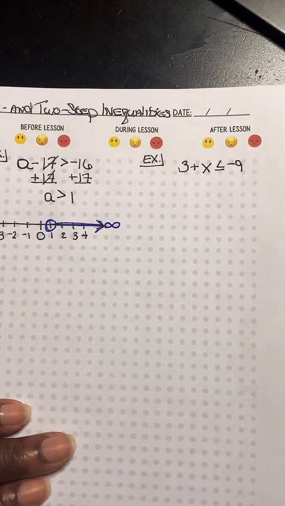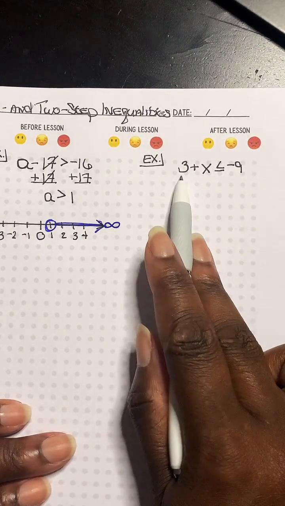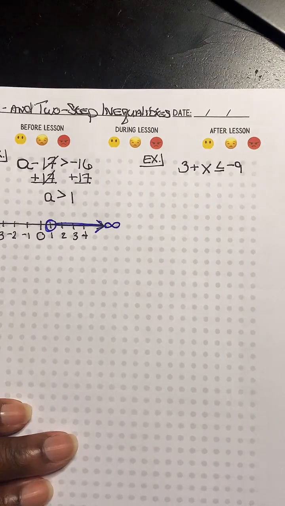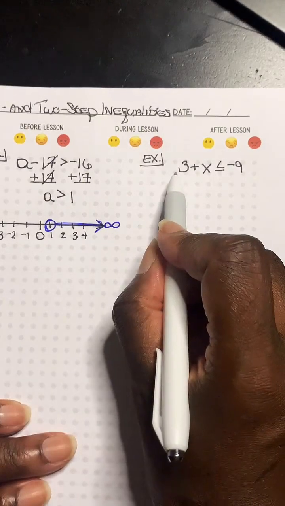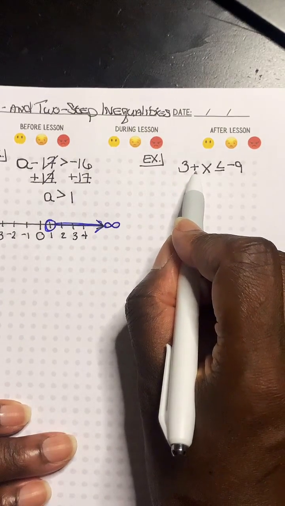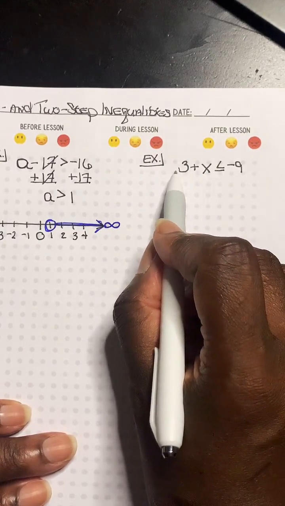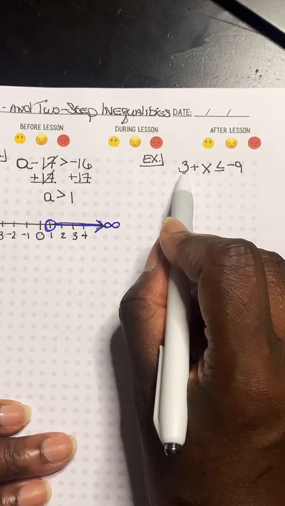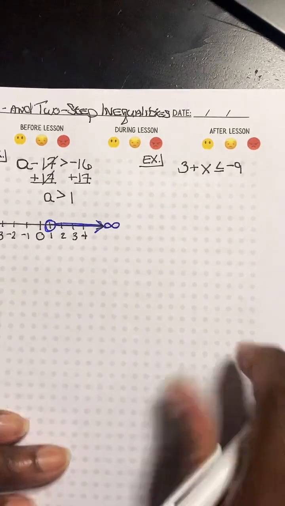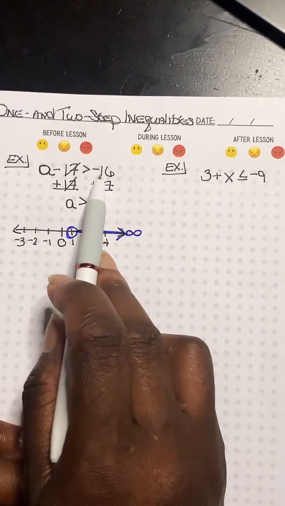In order for me to get my x by itself, I need to move this 3. And how do I move it? Now, the sign is not the plus sign. That plus sign is associated with the x. Your signs are always on the left-hand side of the number. Even look at this negative 16.